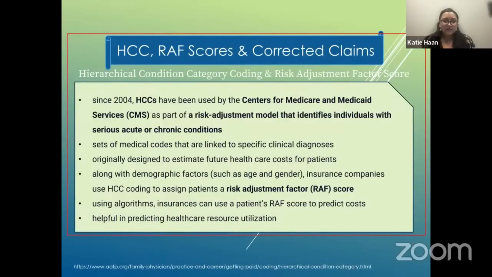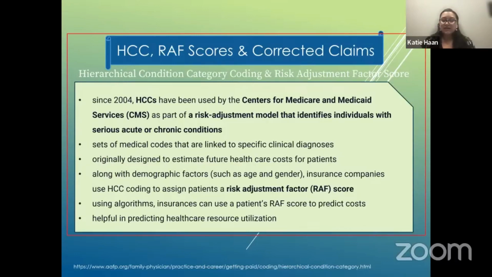All right, so HCC, RAF scores, and corrected claim. Most likely not going to read everything on this page here, but HCC's hierarchical condition category coding and risk adjustment factors. So we see HCC and RAF, but essentially they're just phrases that are going to describe medical codes that are linked to specific clinical diagnoses.